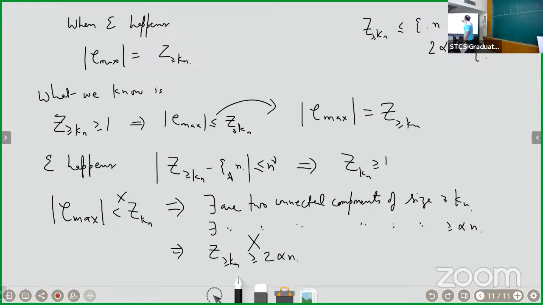And now, once you have this, you have essentially already proved the bound we wanted for Z itself. What was the bound we wanted? That C max is not too far away from, in the final bound in terms of the Erdős–Rényi graph's largest component, what did you want it to be close to?